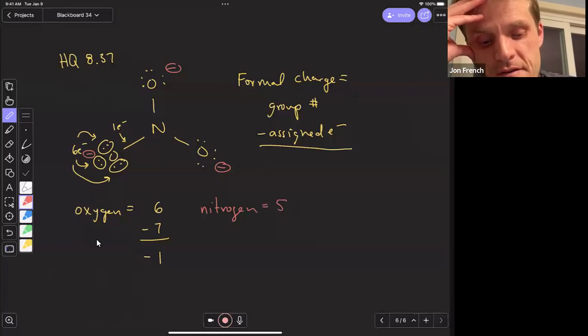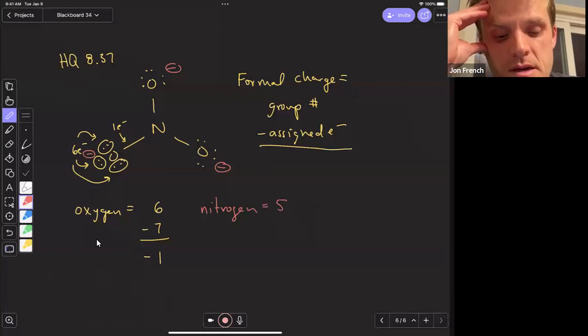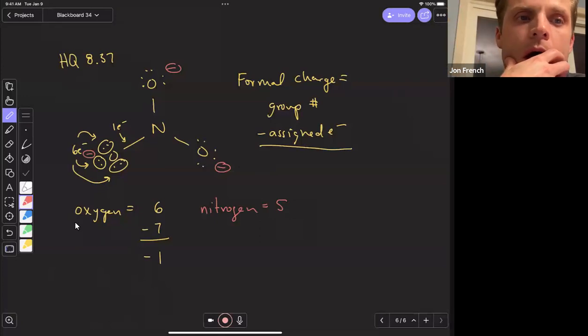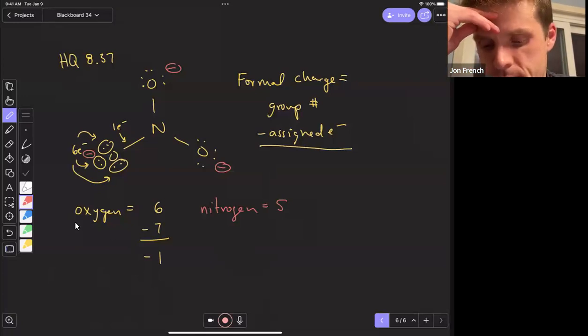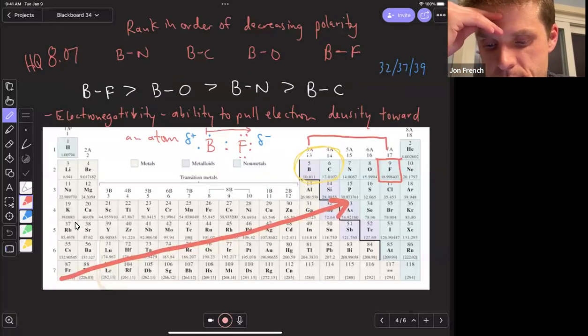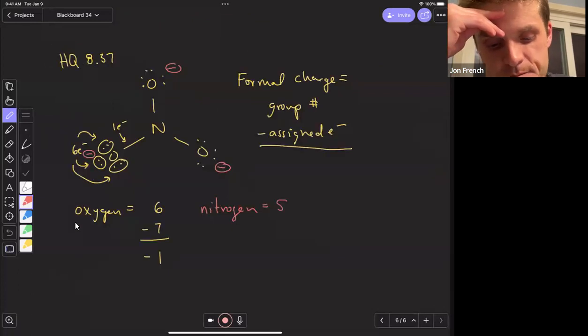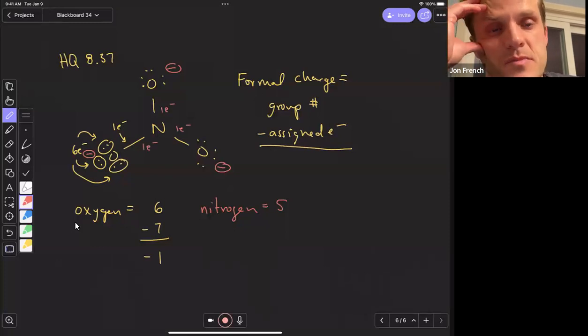Nitrogen is group 5. If we take a look at nitrogen at group 5, and then figure out the assigned electrons, I've got 1 electron from this bond, 1 electron from this bond, 1 electron from this bond.